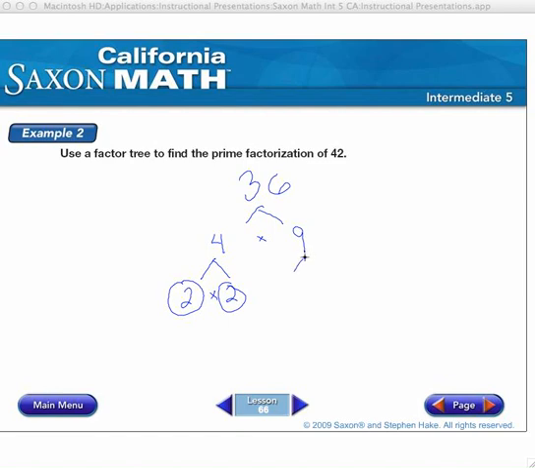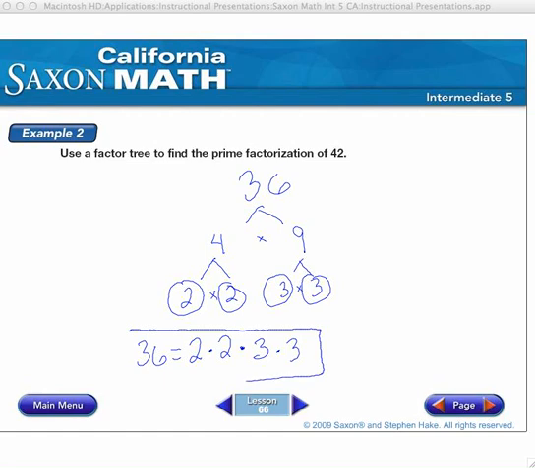Now, 9, I can multiply 3 times 3. 3 is prime and 3 is prime. So 36 equals 2 times 2 times 3 times 3. If I took all 4 of these circled primes and multiplied them together, I would equal 36. So this is my prime factorization.